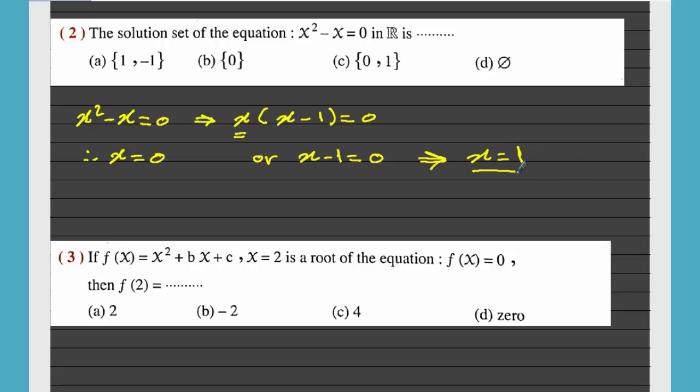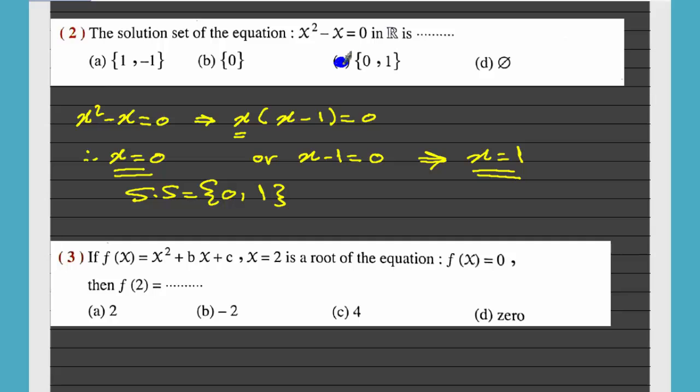So we have x equals 1 and x equals 0. The solution set of this equation equals {0, 1}. And we choose letter C.